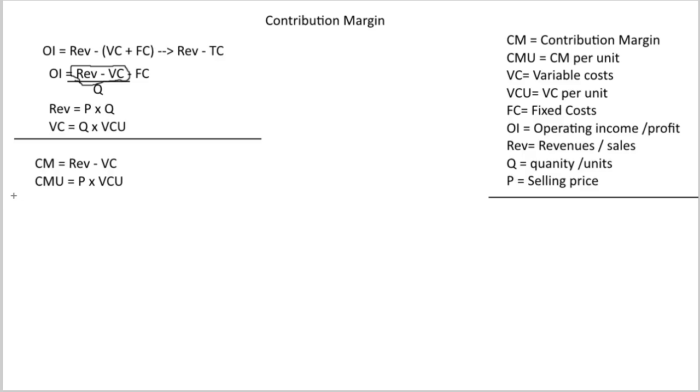Now later on, you're also going to learn about the contribution method, and you're going to learn that we can put this back into this equation. And we said that your operating income equals your contribution margin minus your fixed costs.